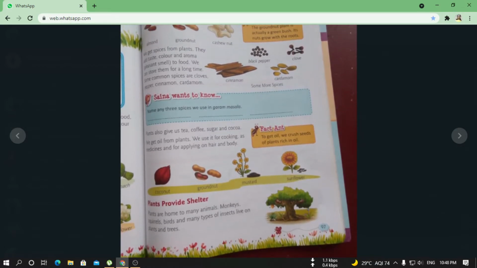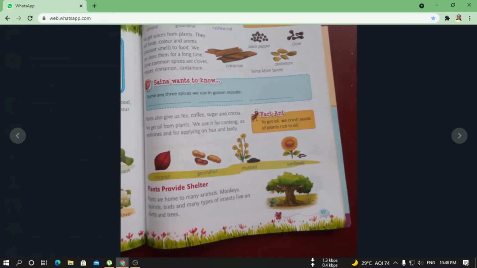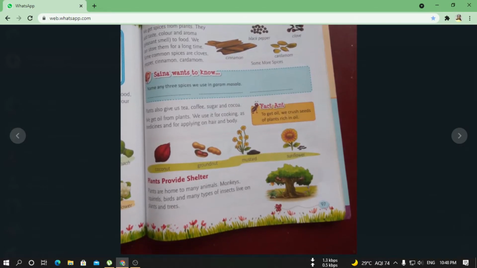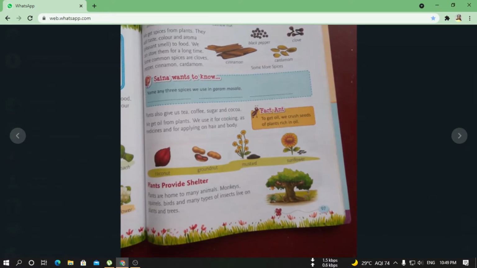We mainly need oil for cooking, like mustard oil and sunflower oil.